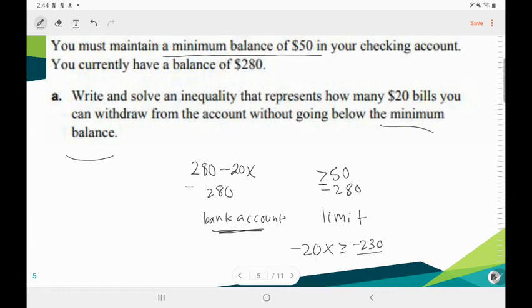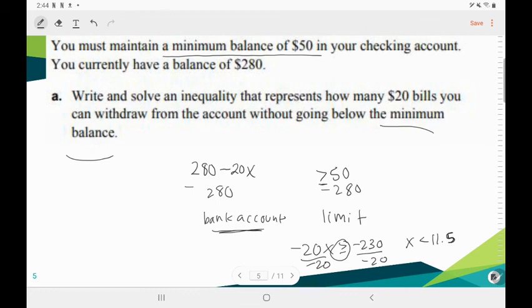To finish that off, I'm going to divide by negative 20. Dividing negative 230 by negative 20, I have x is greater than or, oh wait, remember I divided by a negative. I need to flip the sign, and I end up with 11.5.